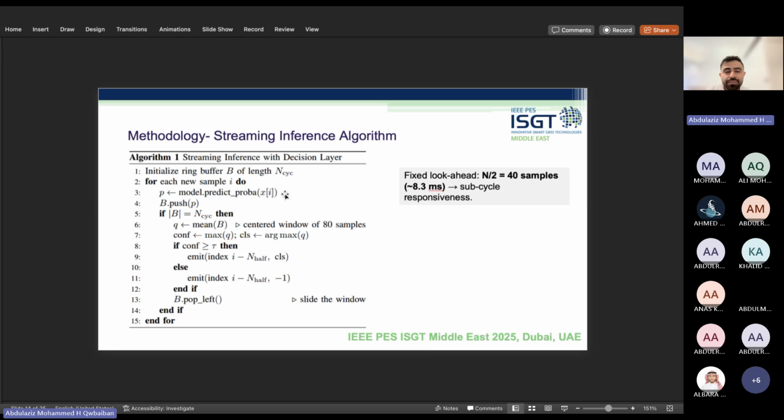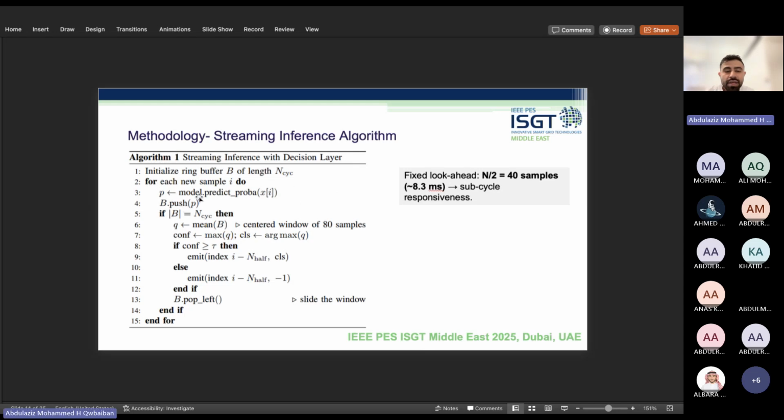This algorithm is streaming inference with a decision layer. This is how it's built. Initialize the buffer P of length n cycle, which is 80. N over 2 is 40; we call it n half. Each new sample populates the buffer with probabilities.